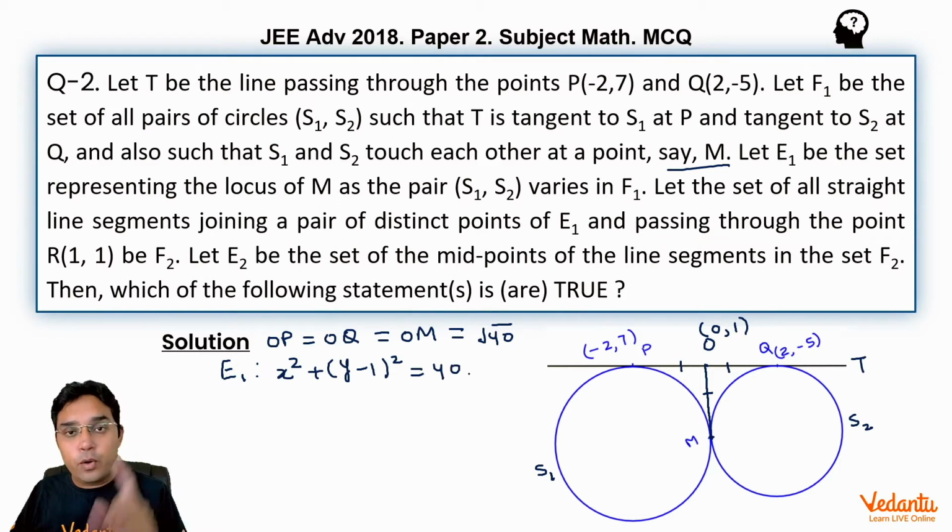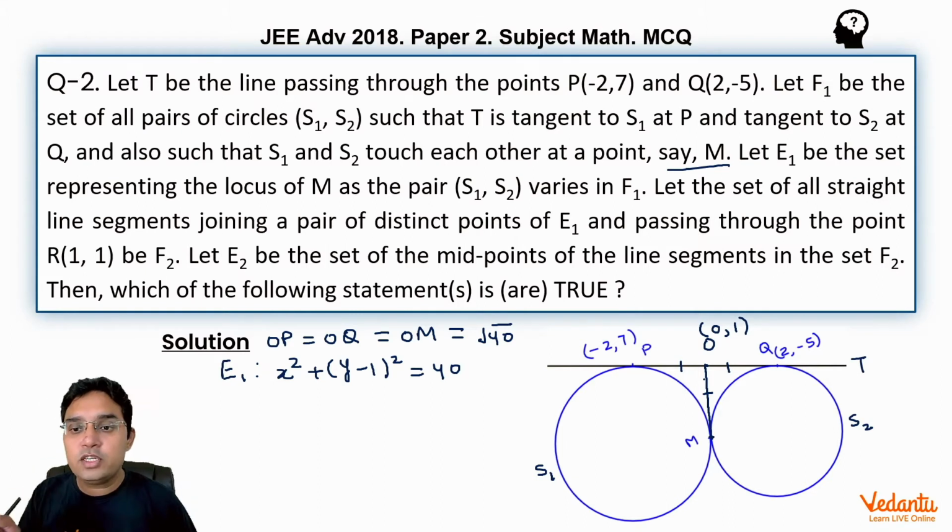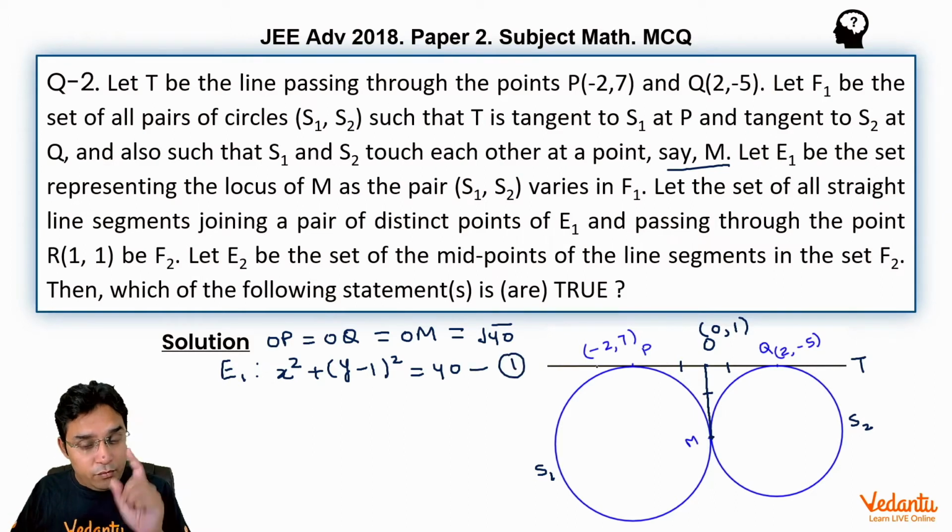But one very important thing to understand here is that if we change all possibilities for S1 and S2, we will not be able to get points P and Q on this circle, which otherwise satisfy this equation because the length of P from O and the length of Q from O are the same. Why am I saying so?